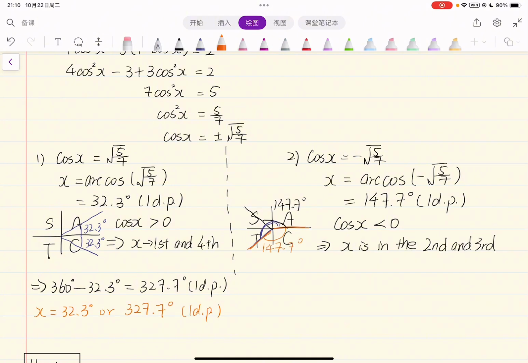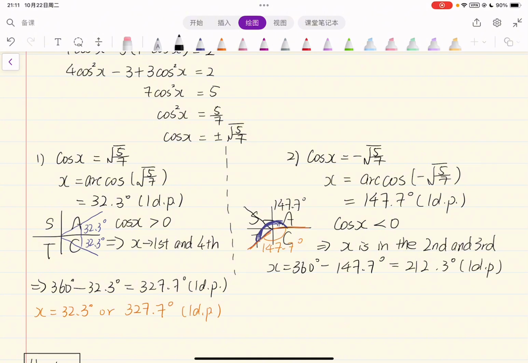So we can get the value of x, the blue one, should be 360 minus 147.7 degrees. That equals 212.3 degrees to 1 decimal place.